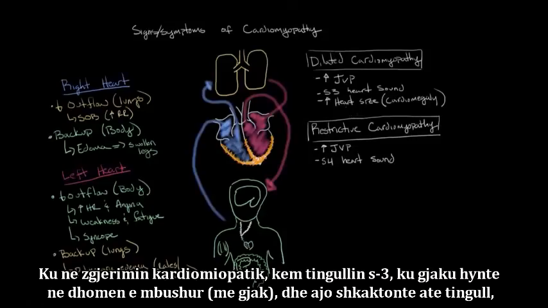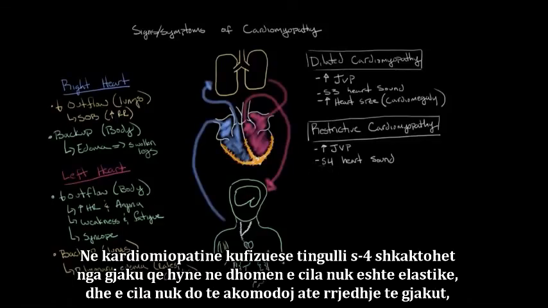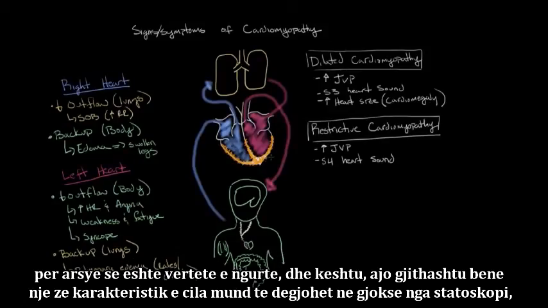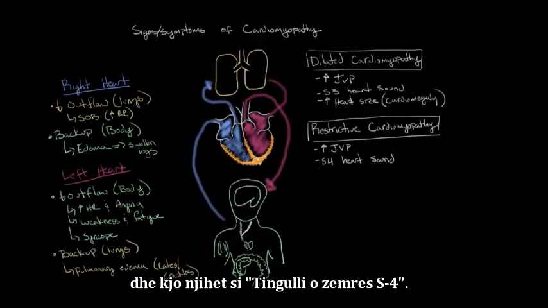Whereas in dilated cardiomyopathy, you had this S3 heart sound where the blood was entering a filled chamber that caused that sound, in restrictive cardiomyopathy, the S4 heart sound is caused by blood entering into a chamber that isn't stretchy. It won't accommodate that blood flow because it's really stiff, and so that also makes a characteristic sound that can be heard on the chest with a stethoscope, and that's known as the S4 heart sound.